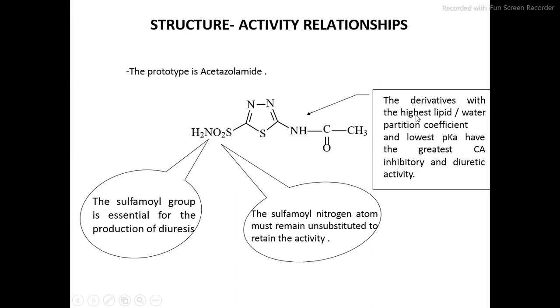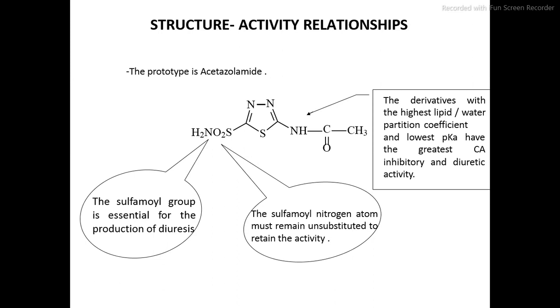The derivative with the highest lipid-water partition coefficient and lower pKa has greater carbonic anhydrase inhibition activity and diuretic activity. As we have seen, one of the sulfamoyl groups is replaced, and we generally use carboxylic acid or carbamoyl moieties for the replacement.